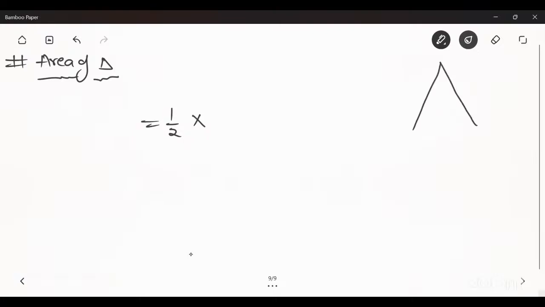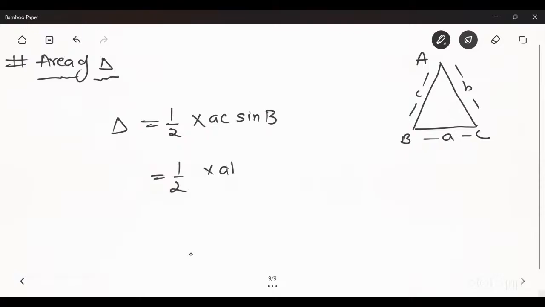Suppose this is the triangle ABC. Side opposite to angle A is a, side opposite to angle B is b, side opposite to angle C is c. So the value of area of triangle is half ac sine B. Next value will be half ab sine C. Next value will be half bc sine A. So those are the values of area of triangle.